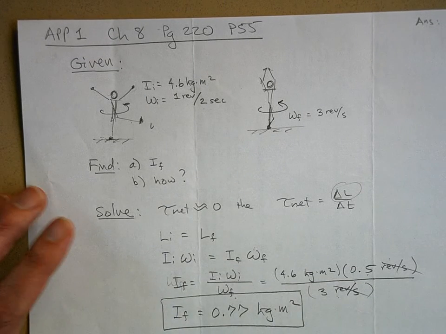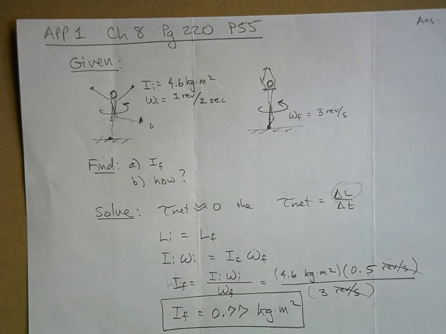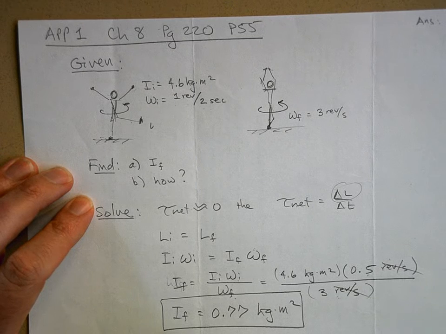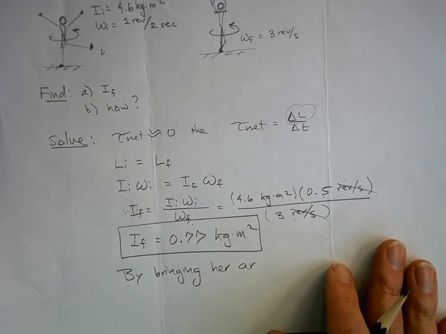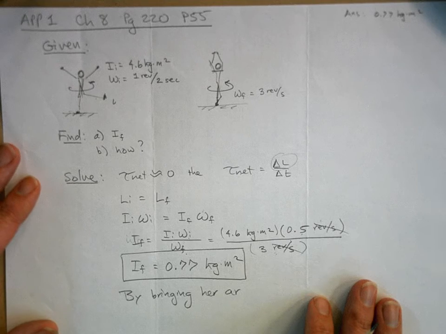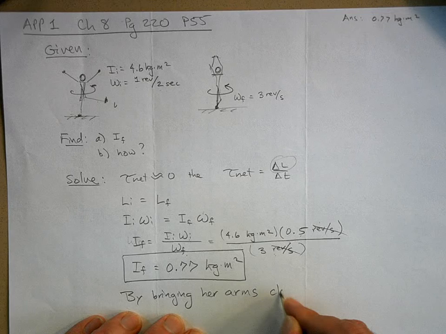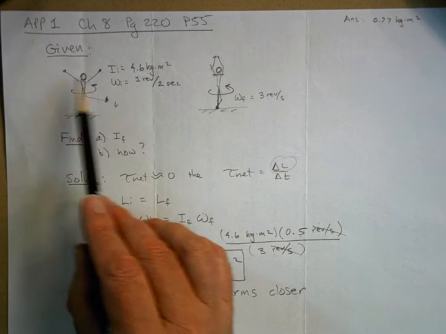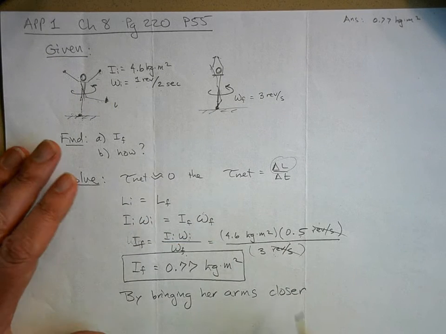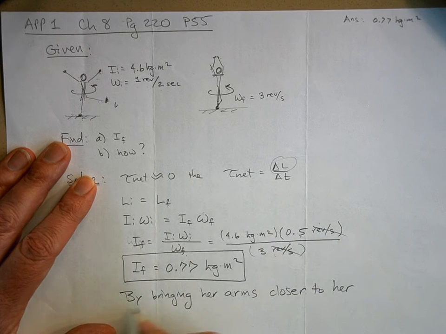Now, how does she physically accomplish this? Well, she brings her arms and legs in closer to her body. It can be her leg too. I mean, she has to have one leg down, right? But if one leg is out, you bring all the arms and legs closer to her body.